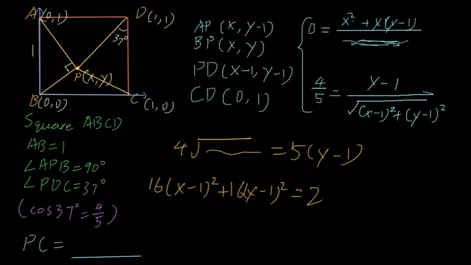That is equal to 25 times y minus 1 squared. Then we can move the 16 to this side, and we will get 9. So 25 minus 16 is 9.